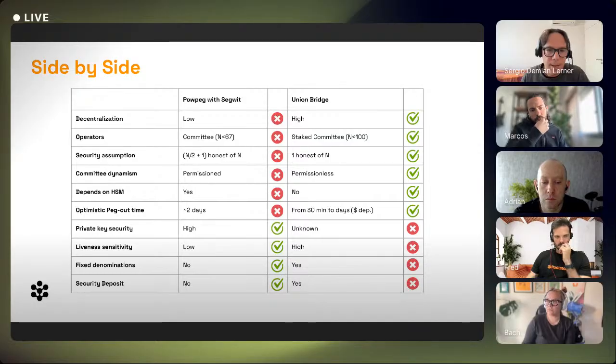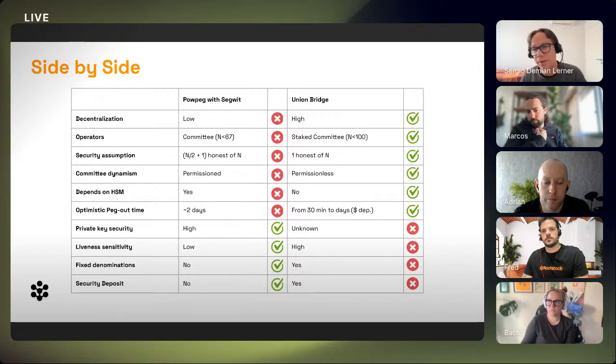And each one of the participants of this committee must post a security bond, a security deposit, to make sure that if the participant misbehaves, either by trying to misappropriate funds from the bridge or by not being live when it's requested, it's penalized. Okay, so these are the things that you could consider downsides, but the benefits outweigh the downsides far, right? Next one.